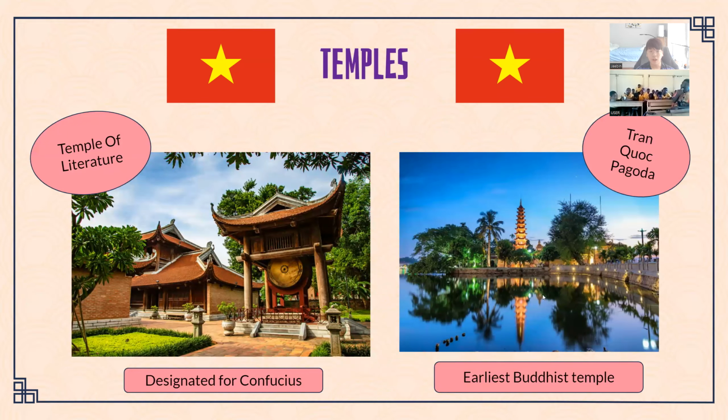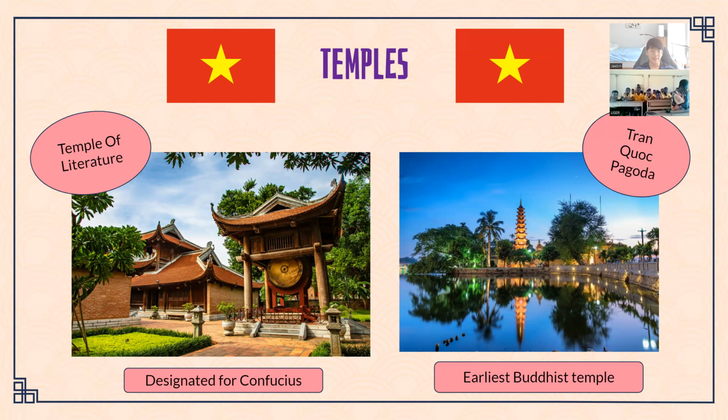Not a lot of temples were built just because it's not as religious as other countries, but there are still a lot of famous temples in Vietnam. The picture on the left is the Temple of Literature, a really famous temple in Hanoi, which is the capital of Vietnam, and it's designated for Confucius, who developed the teaching of Confucianism.